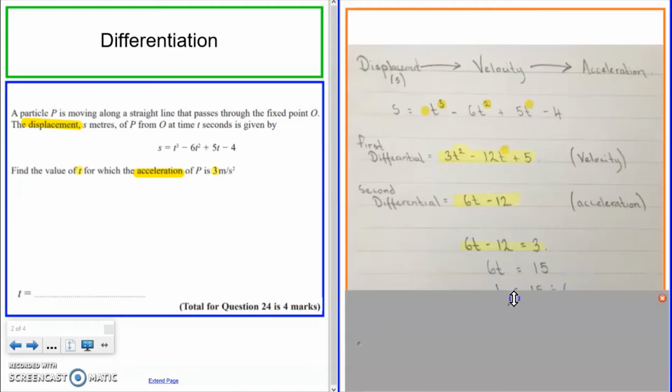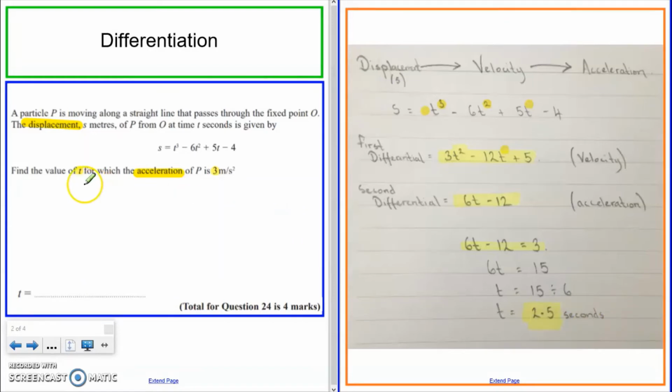I can divide both sides by 6, telling me that t would be 2.5 seconds. So the value of t, for which the acceleration of p is 3, is 2.5 seconds. Very well done if you would have picked up all 4 marks on that grade 9 question.